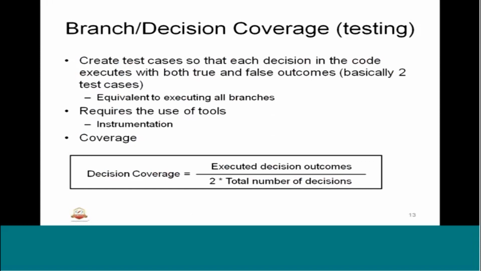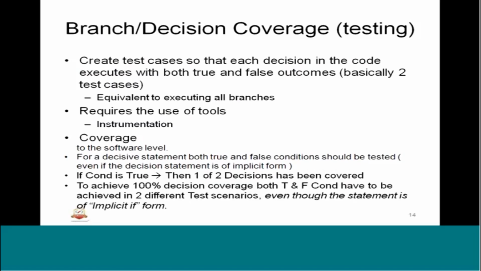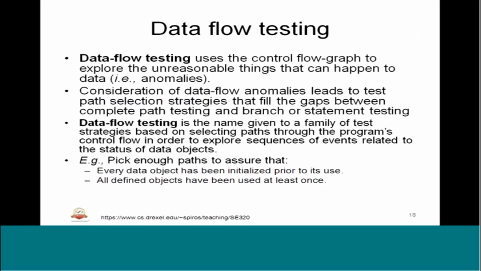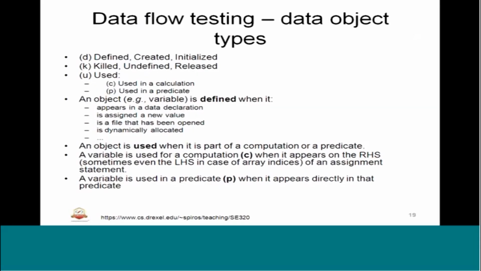And in continuation of the white box testing, we went through data flow testing, where the variables or data objects are analyzed in terms of the flow, and every data object that is used needs to be analyzed and tested. Here the data object types could be defined, used in a calculation, or used in a predicate.